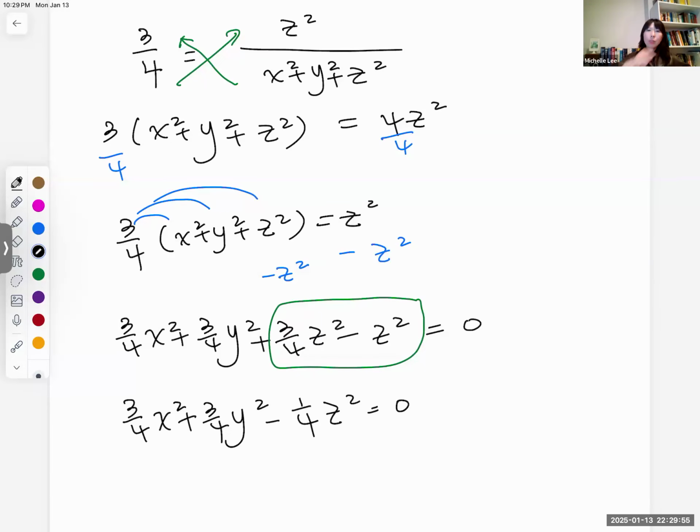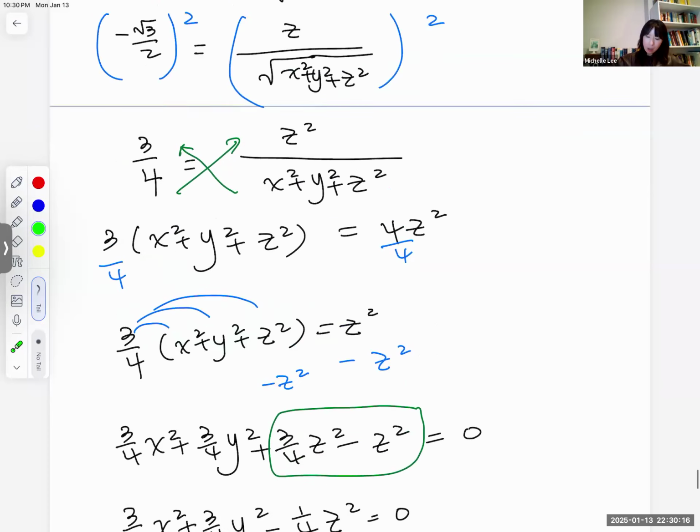Okay, so this one from the last section, quadratic surface, we get this is an elliptic cone. And this one opens along the z axis because we have a negative on z, okay?